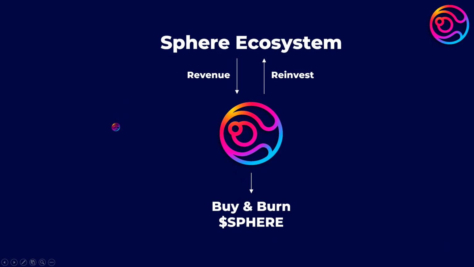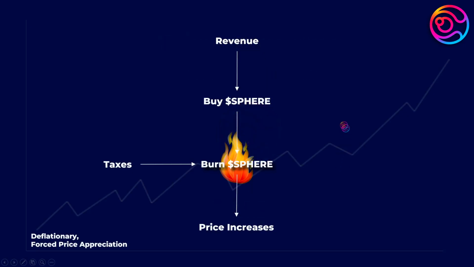And remember, Sphere holds core governance power over both Dystopia and Penrose, meaning that Sphere is positioned to receive significant revenue from both platforms. That revenue can be reinvested into the Sphere ecosystem and will be used to buy and burn Sphere tokens for forced price appreciation of the Sphere token over the long term.